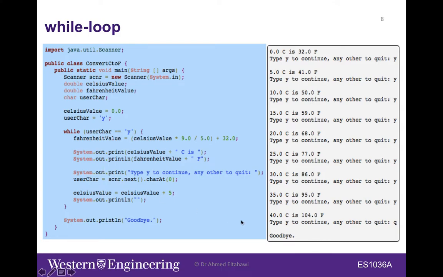I will terminate the loop if the user decides to enter any character other than y. I don't know in advance how many iterations, maybe 5, maybe 6, it depends on the user. Well, it will terminate. But please don't forget to keep updating it here. Otherwise it will go into an infinite loop.